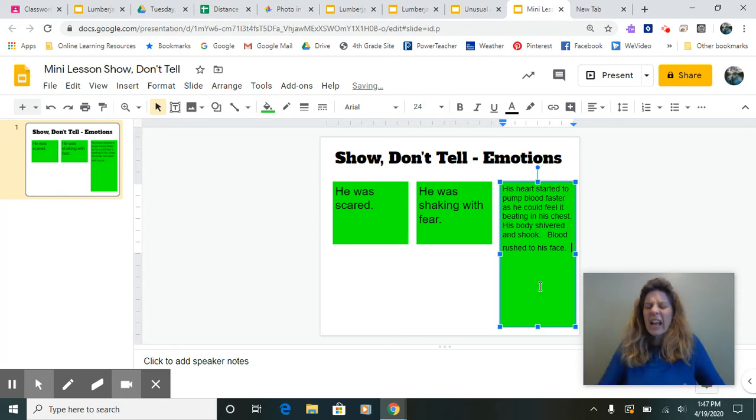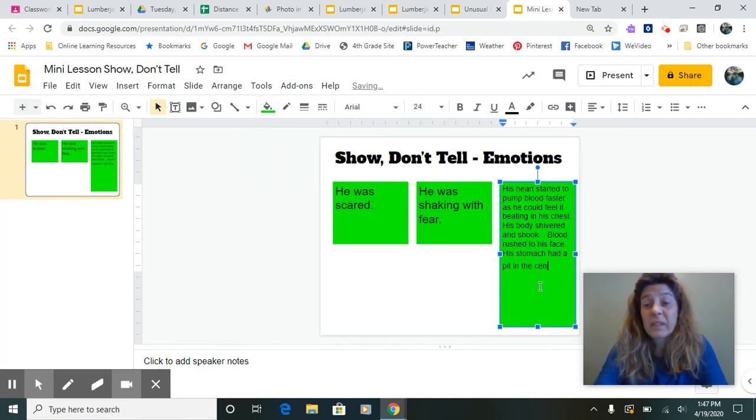How many of you ever had that sinking feeling in your stomach too when you were afraid? Like you got this pit in your stomach. His stomach had a pit in the center, feeling as if he wanted to throw up. That's how I feel.